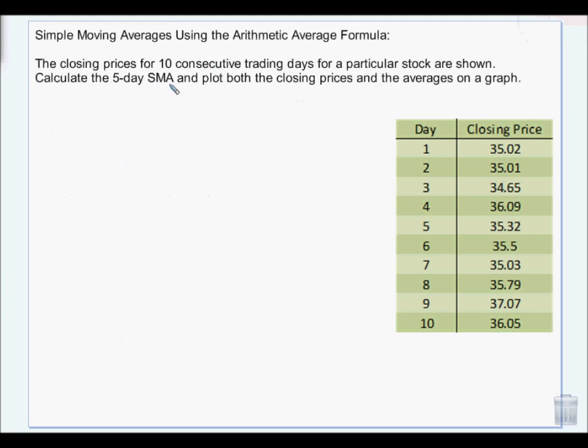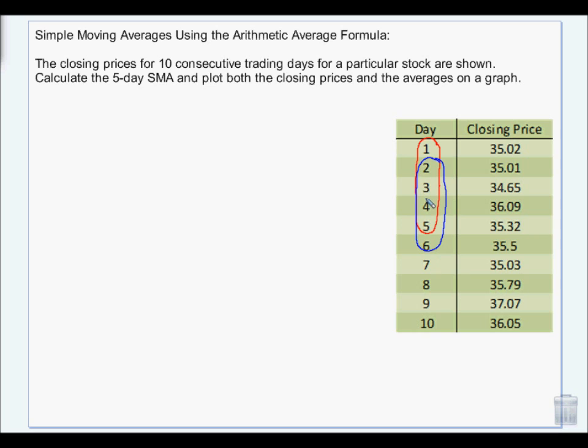Okay, so first of all, SMA right here stands for simple moving average. They can be 5-day SMAs, 10-day SMAs, 21-day SMAs. And what they do is take the averages in 5-day clumps. Our first clump is going to be days 1 through 5. Our second clump is going to be days 2 through 6.